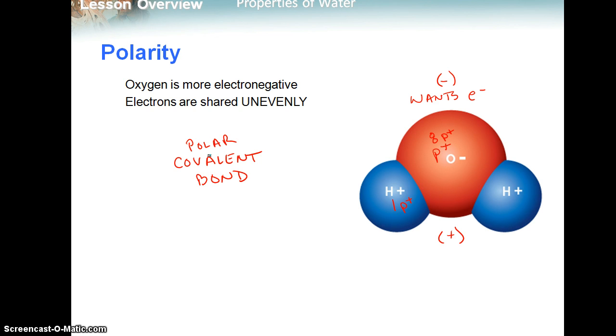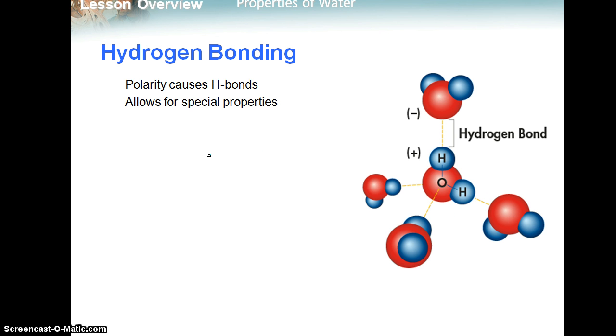Because of its polarity and these polar covalent bonds, we have something called hydrogen bonding between water molecules. Hydrogen bonds are not really bonds because we're not sharing or giving and taking electrons from different atoms. This is more like magnets.